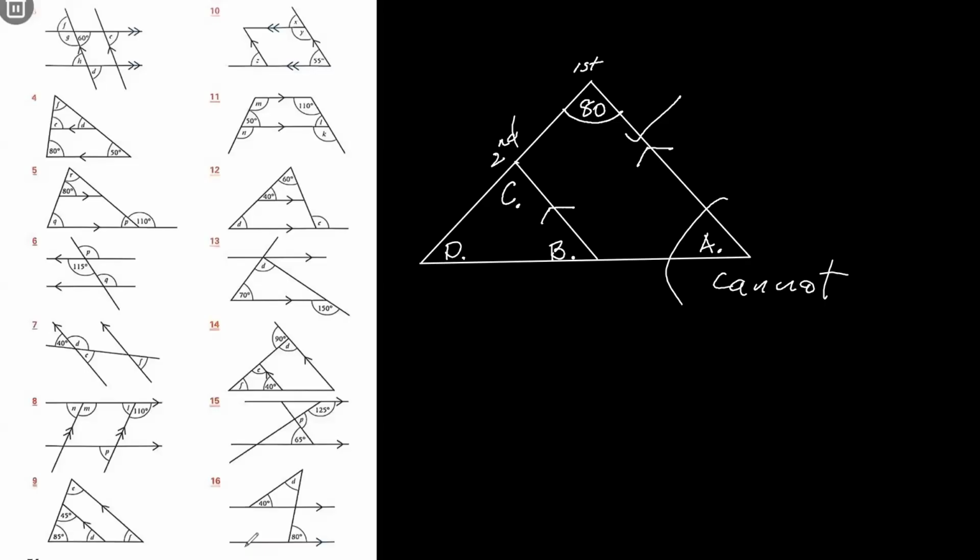Janicia, your answer is not correct because you have B. It can't be B because it must be in line. Is it either B or C? The answer must be C.